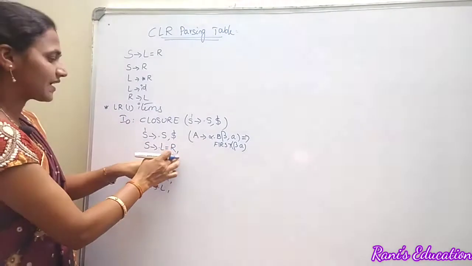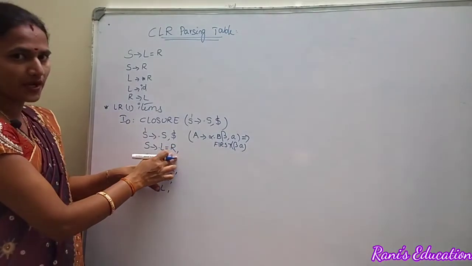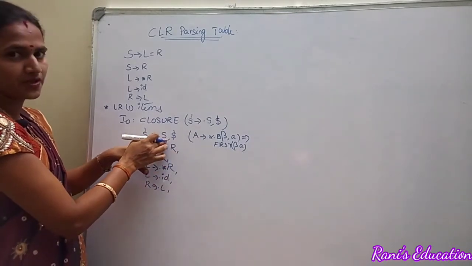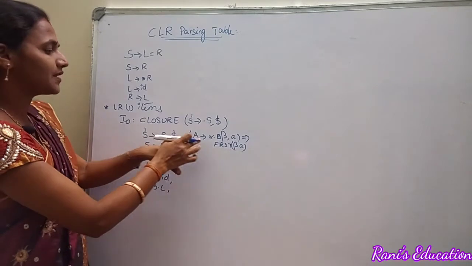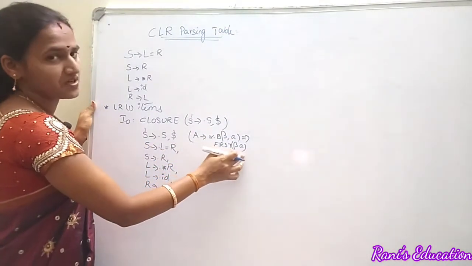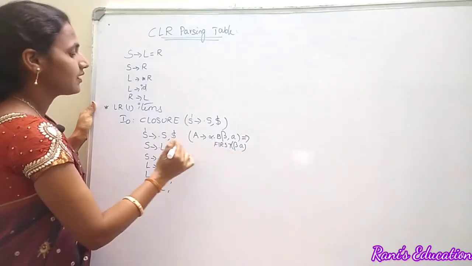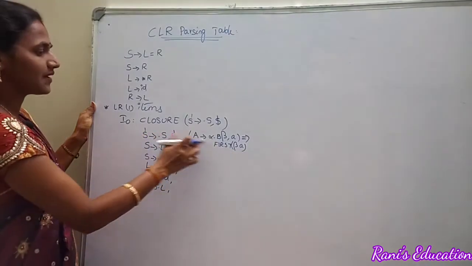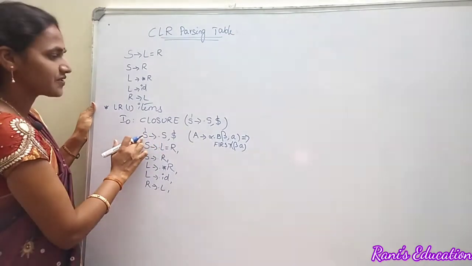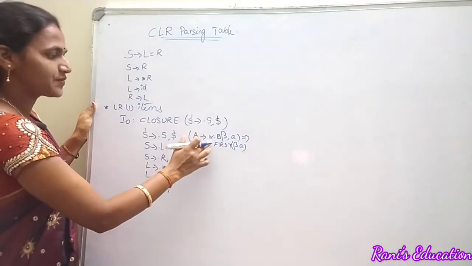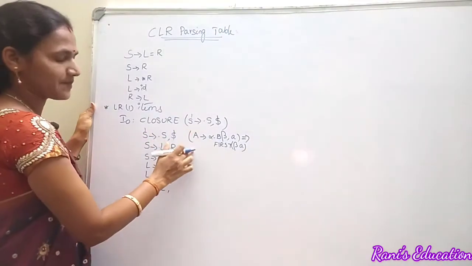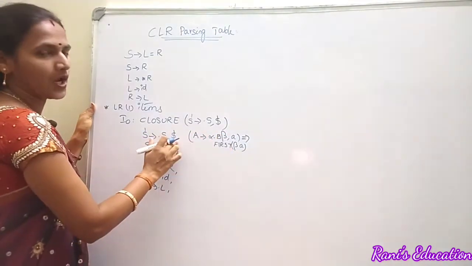So for the second production, we want to compute the lookahead. We write the second production with respect to the first production, so I am going to apply the rule A derives alpha dot B beta comma a, that is first of beta a. Applying that rule to the first production, here A is S', alpha is epsilon, B is capital S, beta is epsilon and a is dollar.